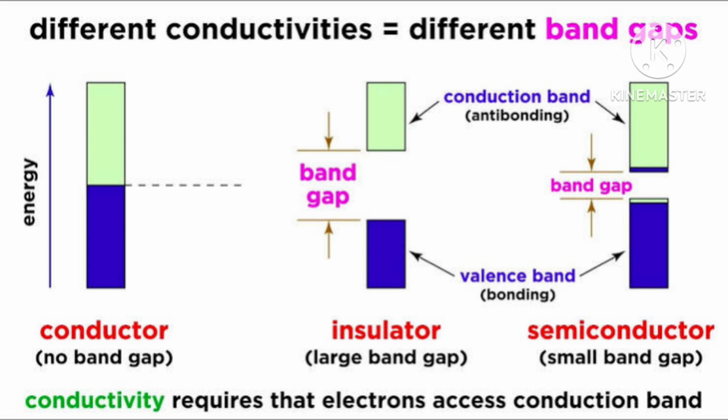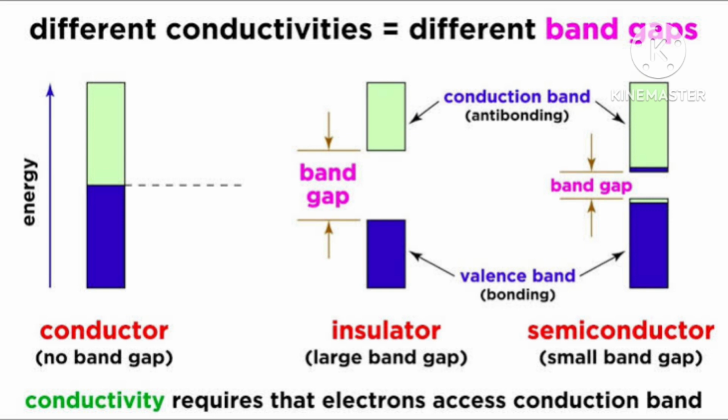When there is a gap between the conduction band and the unoccupied band, okay, the gap is there, then that is called an insulator, because electrons can't jump to this unoccupied band.